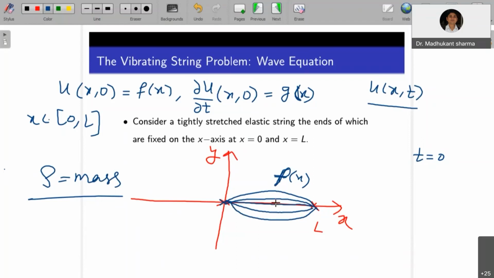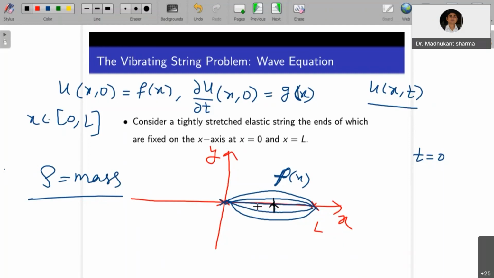Further, it is assumed that it is vibrating in a vertical plane, meaning up and down, and the deflection or deviation is very small. It is small in absolute value, meaning it can be negligible.